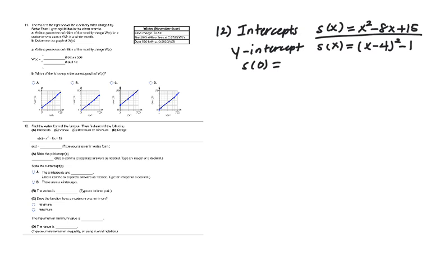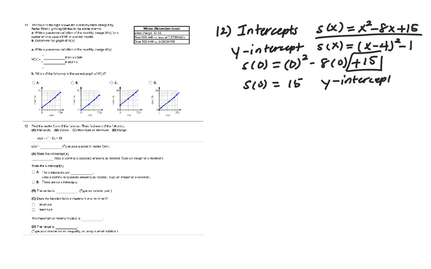So we have s of 0 equals 0 squared minus 8 times 0 plus 15. If we evaluate the function for 0, it will always be, when it's a quadratic, the constant. So our y-intercept is 15. Or you can express the point: I plugged in 0 for x and I got 15 for y, so it'll be the point (0, 15).